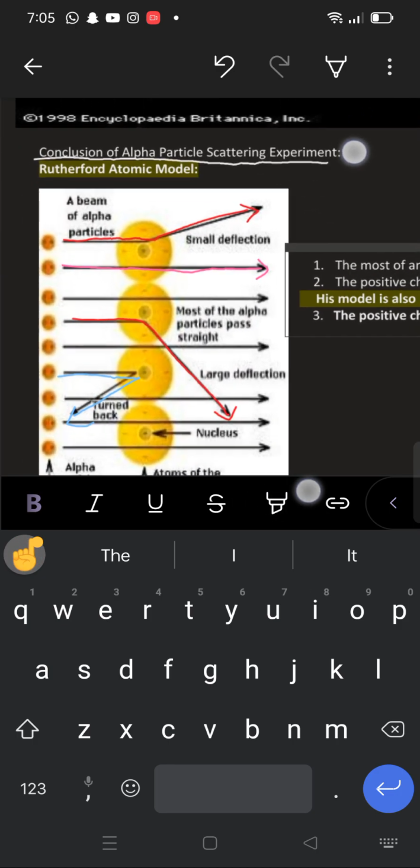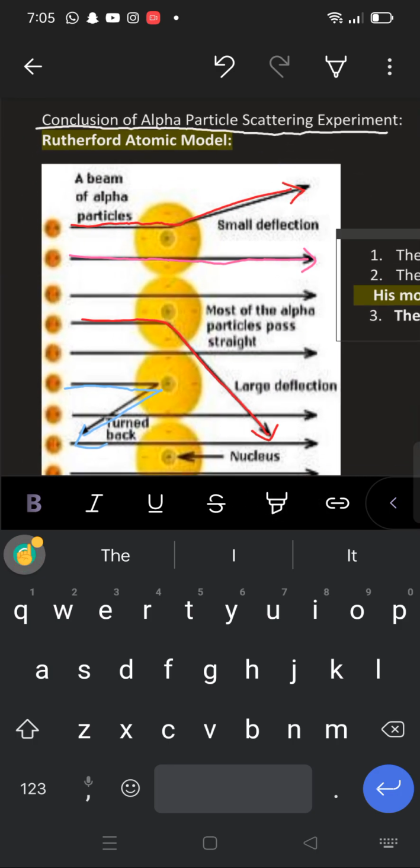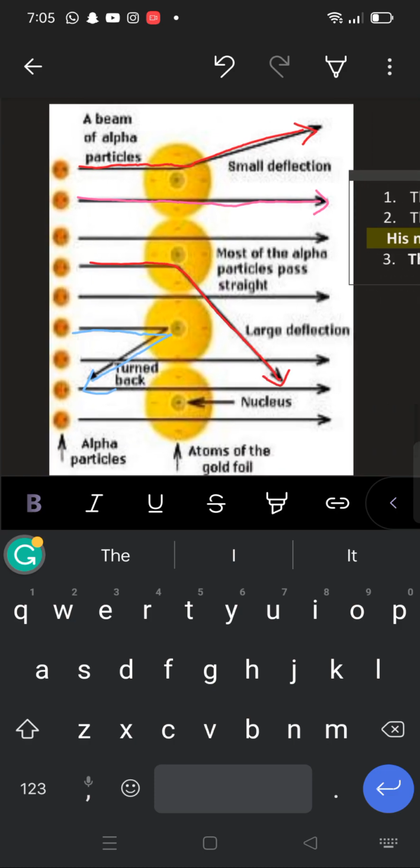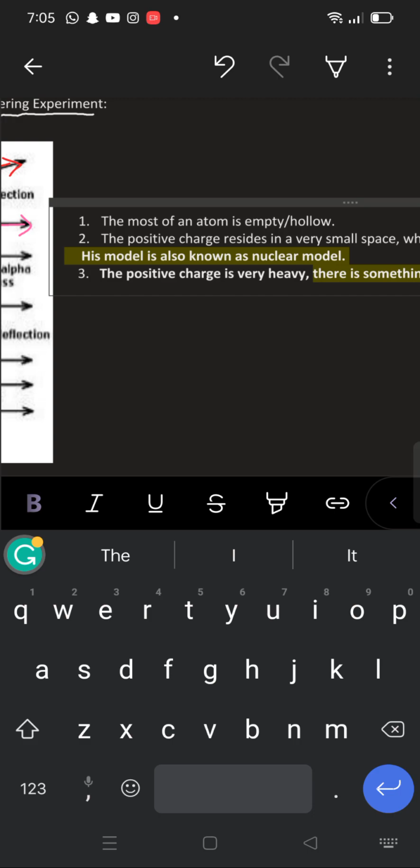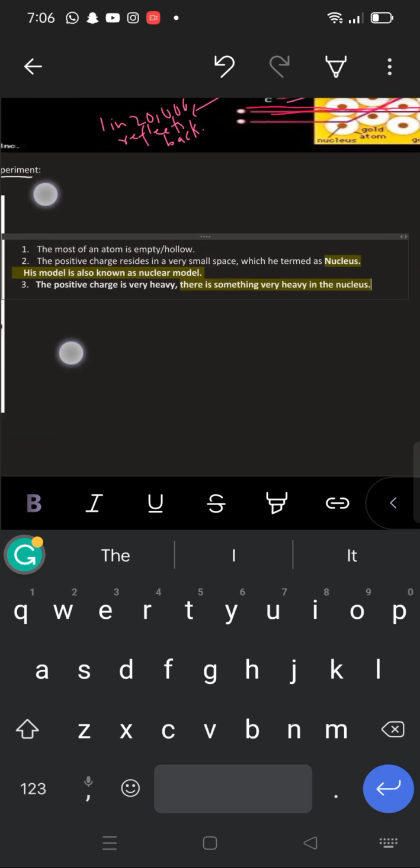As you can see, when the particles were going, as I told you, very few, 1 in 20,000, reflect back. Why did it reflect back? Since there was something very heavy in the nucleus, because of that it got reflected back. That's why we said that the positive charge is very heavy.